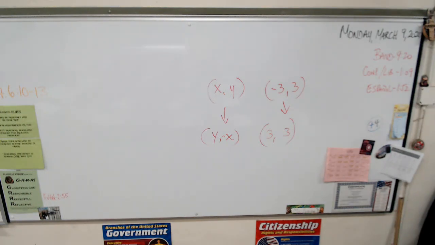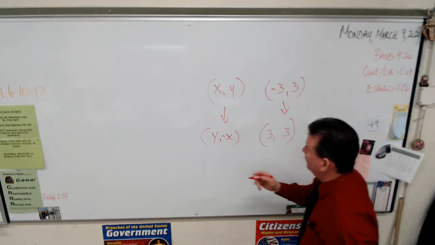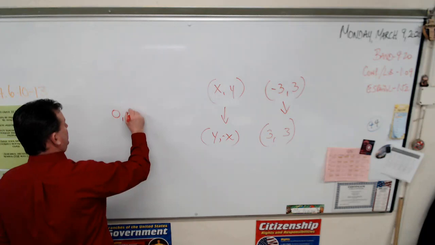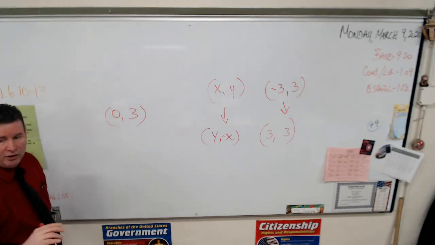Try it again. What's the coordinates for C on the blue triangle? Raise your hand. What are C's coordinates? Someone besides Jaden. What's the coordinates for the point C, blue triangle? 0, 3. See if it works again. 0, 3.